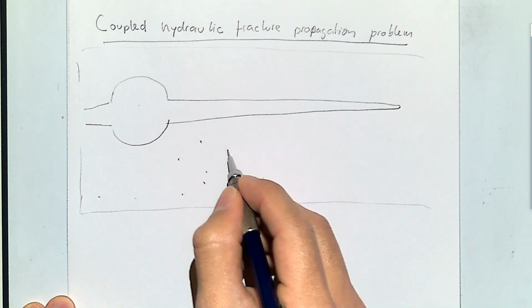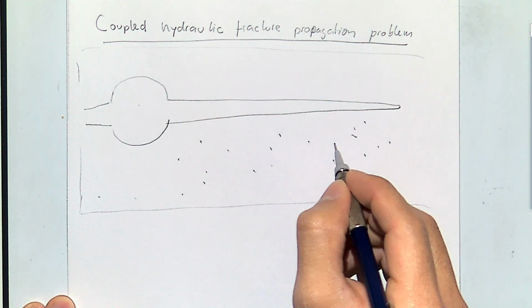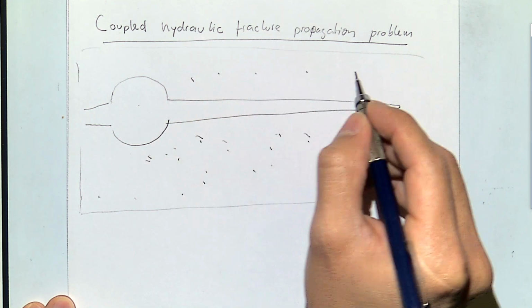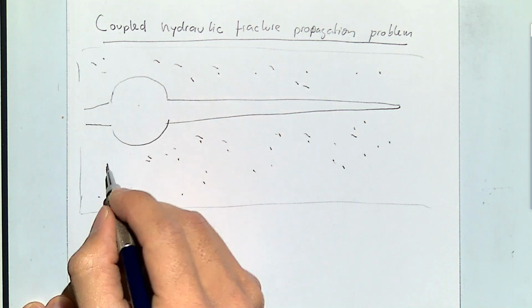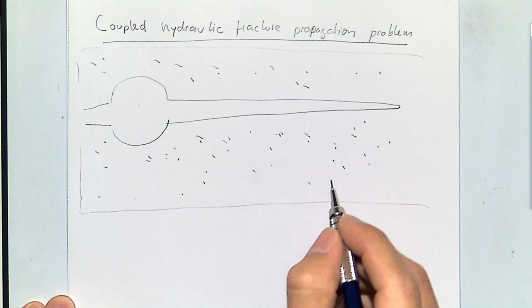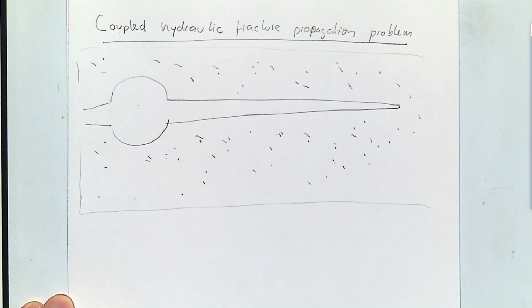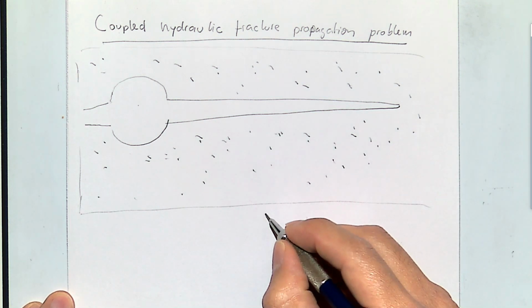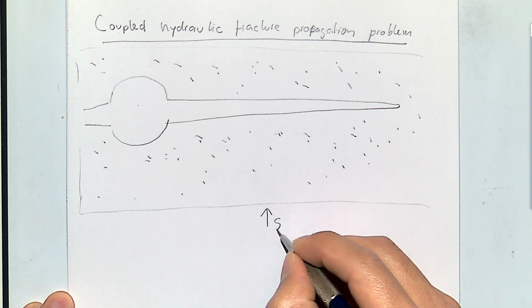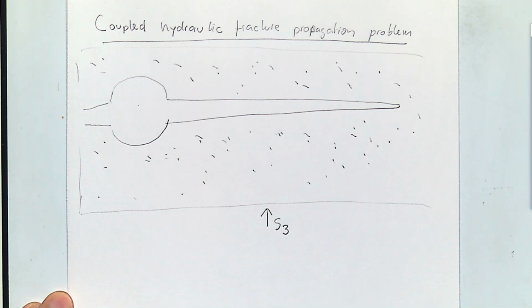Here I'm drawing the boundaries, but as a matter of fact, this is an infinite medium. It extends in horizontal direction, and let's assume this is a vertical fracture, something that could be caused in normal faulting or strike slip. This fracture, as we have seen before, is going to open as a plane perpendicular to the minimum principal stress.